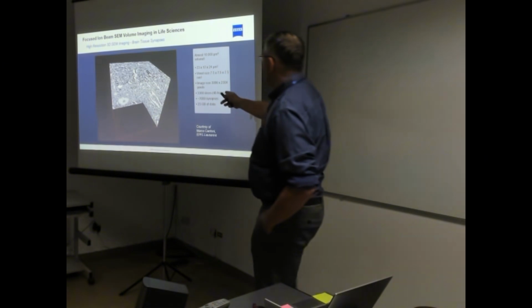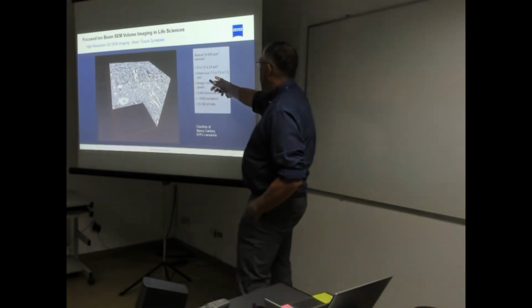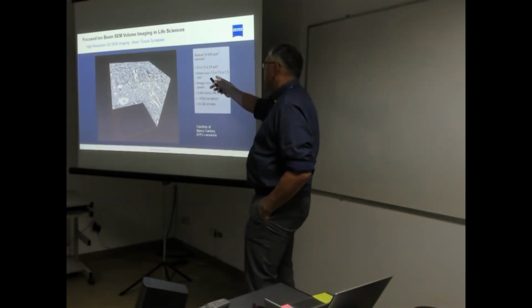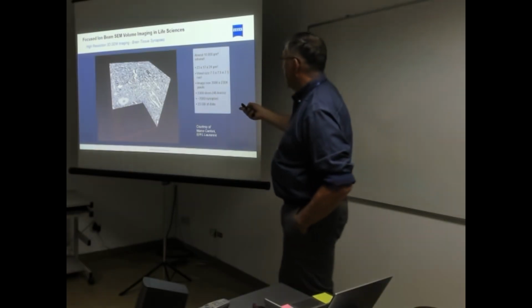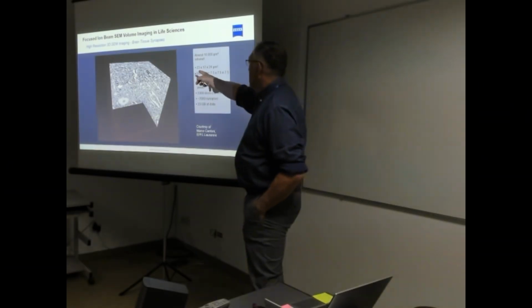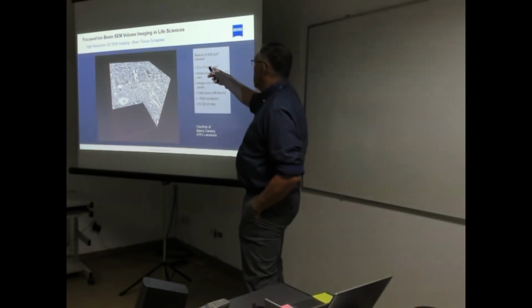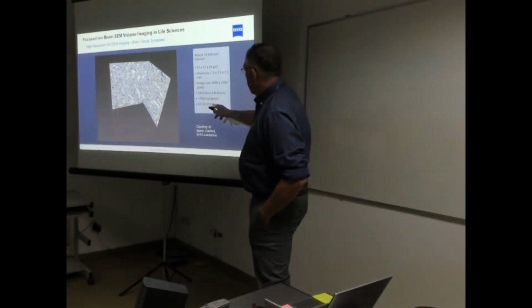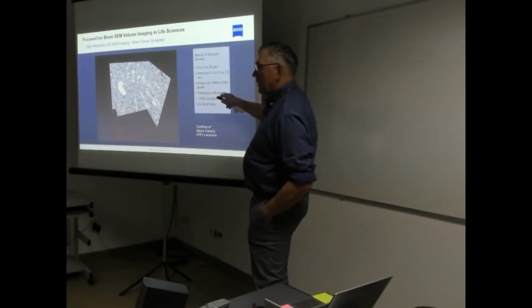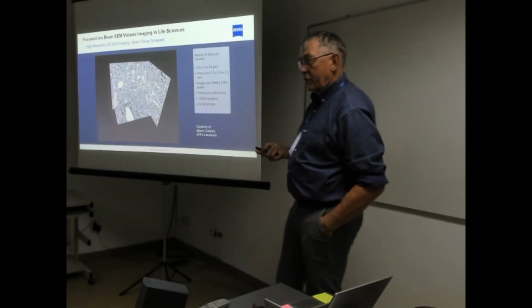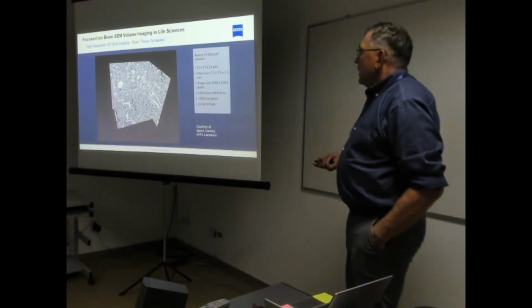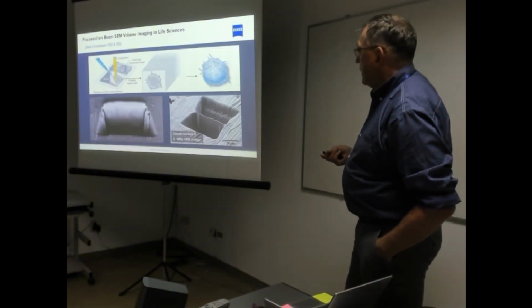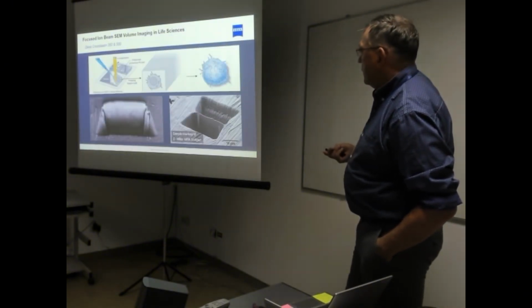Here you see a volume where the pixel size is in the range of, we can go even smaller, but 7 nanometers here, 30 by 20 by 25 micrometers, but it takes 2 complete days just for scanning.